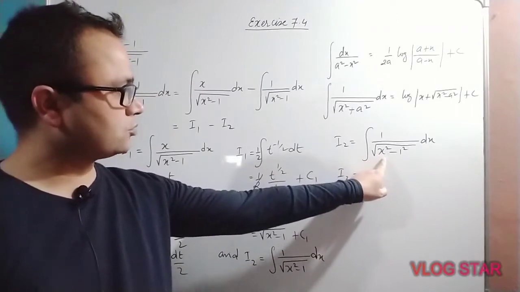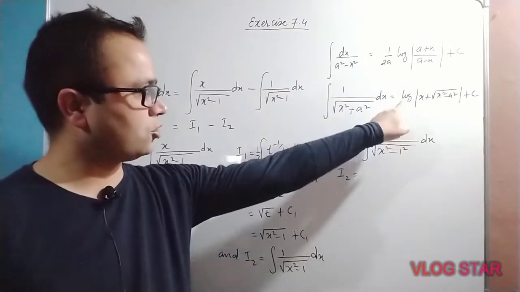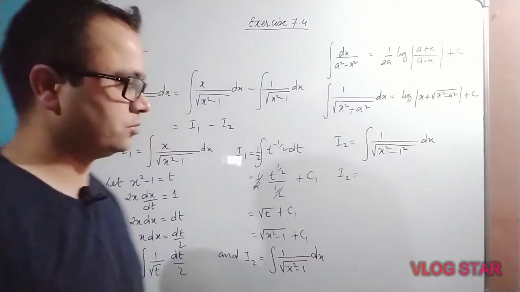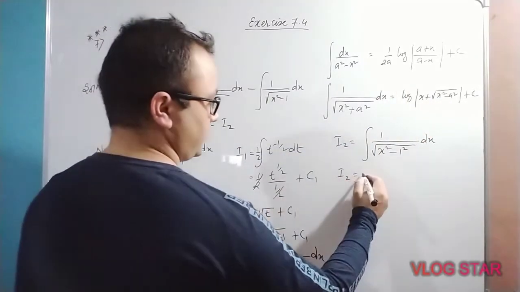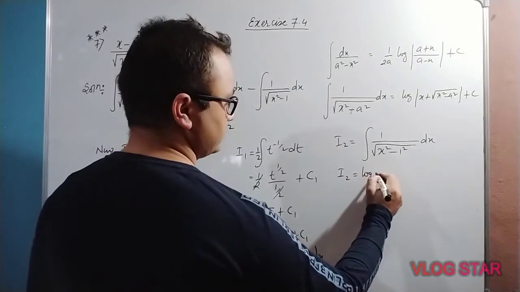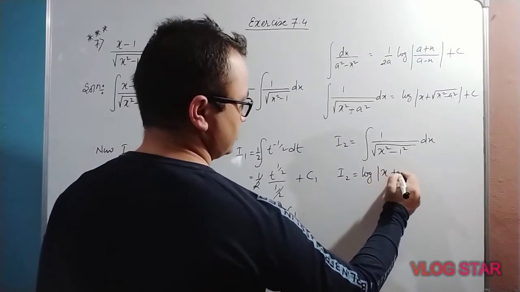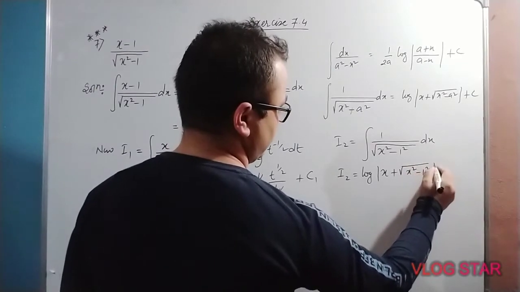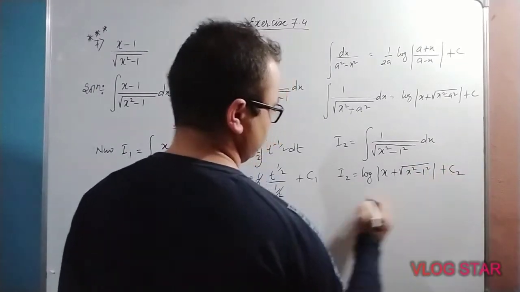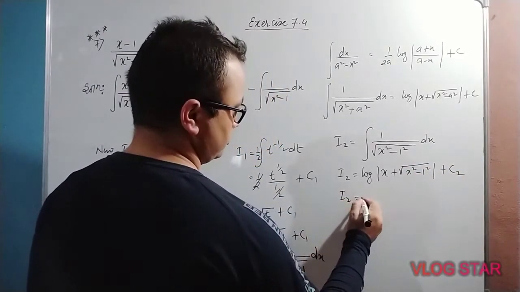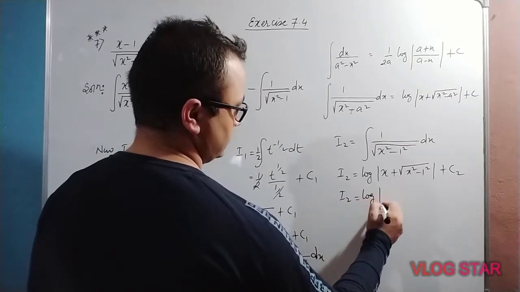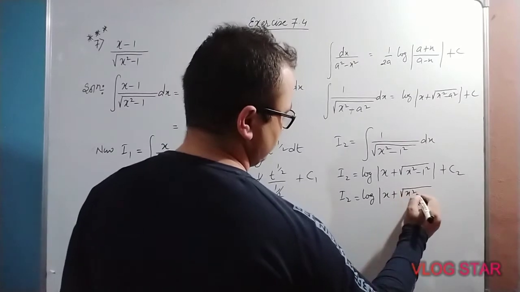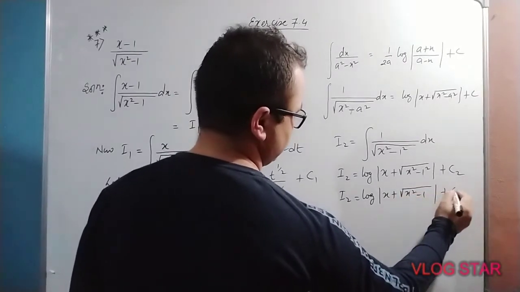Integration of 1 by root under x square minus a square is log x plus root under x square minus a square. So it is log x plus root under x square minus 1 square plus c2. So I2 equals log x plus root under x square minus 1 plus c2.